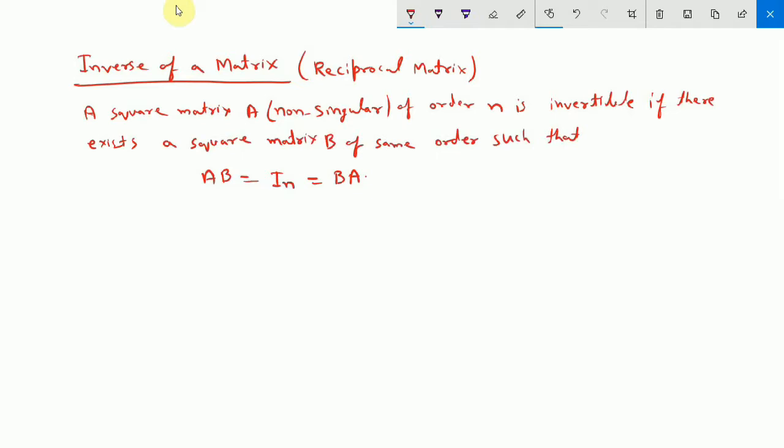Okay. So the product of A and B will be an identity matrix of the same order n.